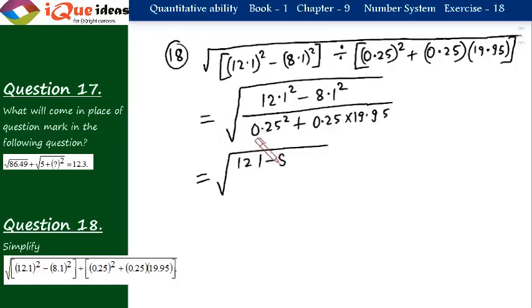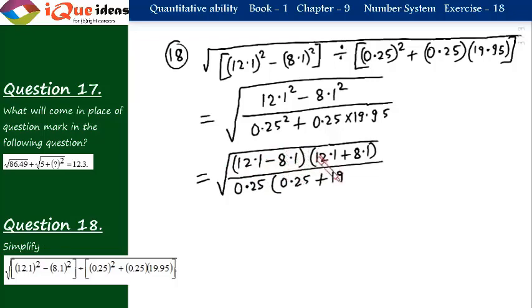Now 12.1 minus 8.1. So a minus b into a plus b will be 12.1 plus 8.1. Okay. Now in the denominator take 0.25, 0.25 common, and inside we will have 0.25 plus 19.95.